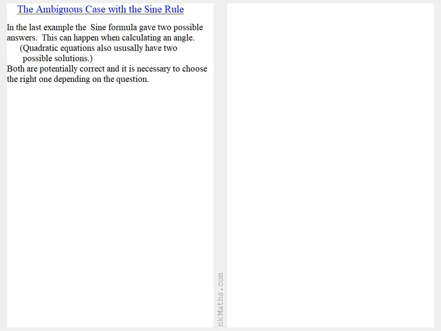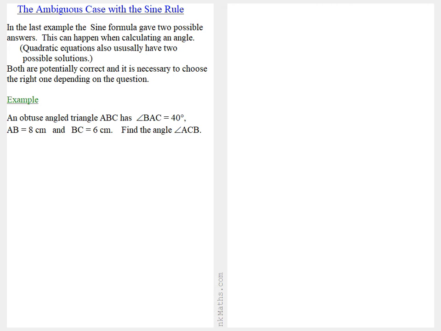Both are potentially correct, and it's necessary to choose the right one depending on the question. So let's have a look at an example. An obtuse angle triangle ABC has the angle BAC equal to 40 degrees, the side AB equal to 8 centimetres, and the side BC equal to 6 centimetres.